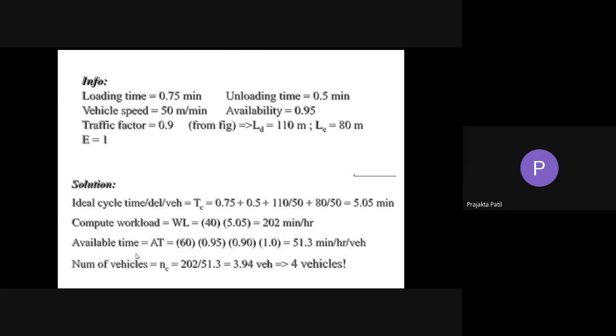Likewise, you can find what is the available time. It is 60 into the availability into TF into the efficiency. This will give you the available time. So workload upon available time will give you the number of vehicles.